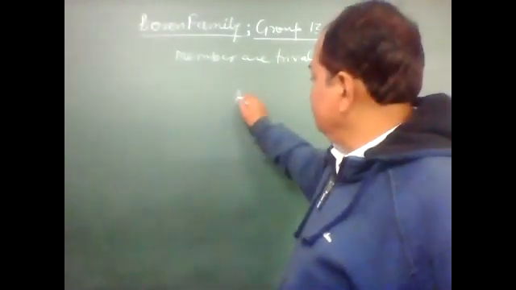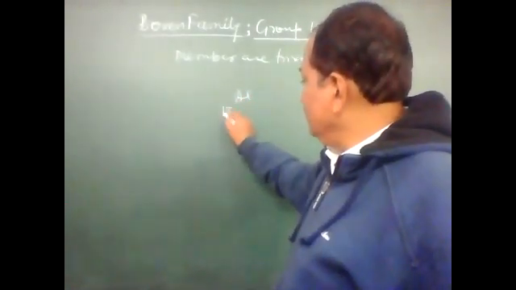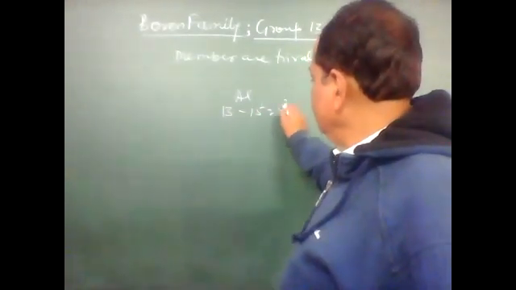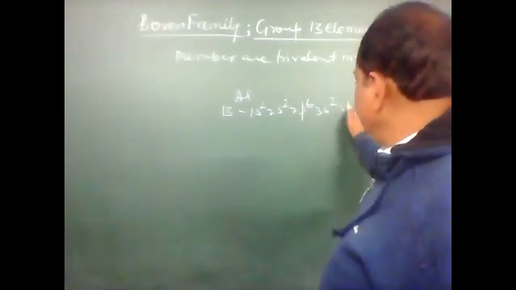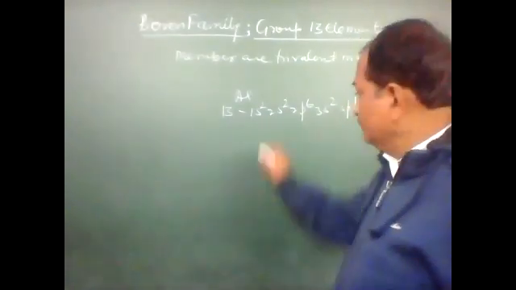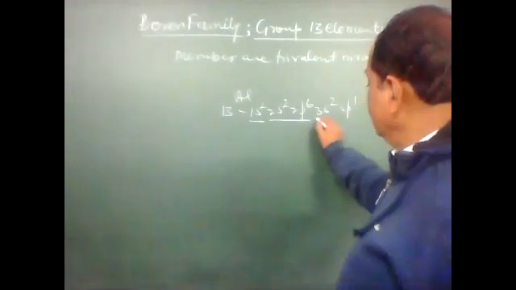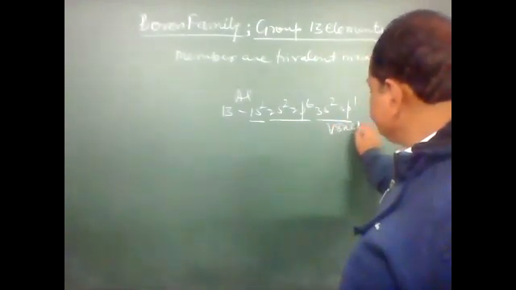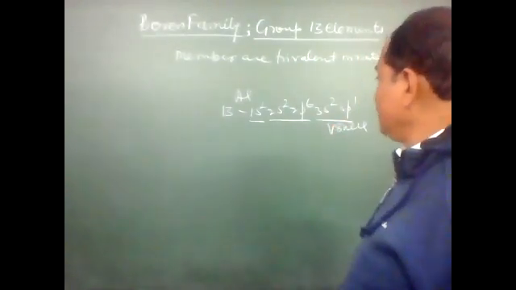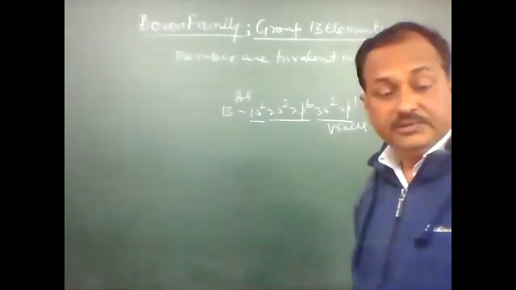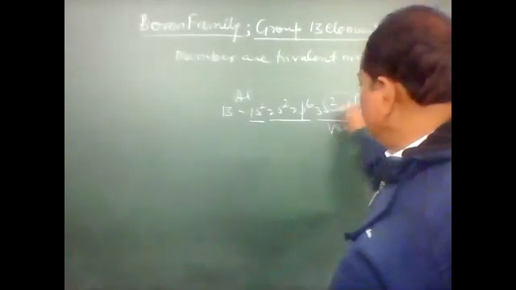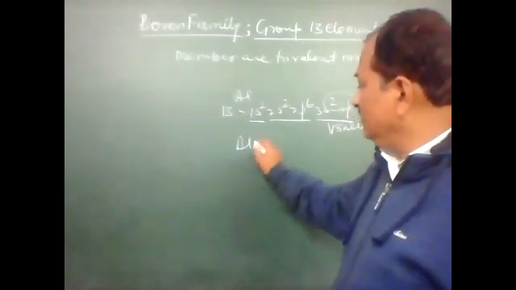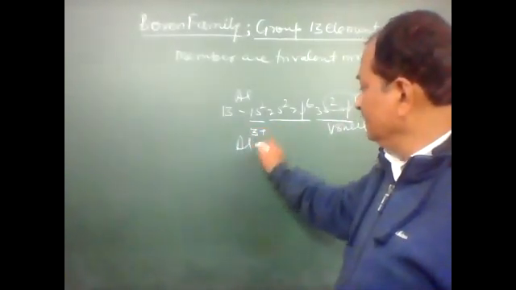Take aluminium, 13: 1s2, 2s2, 2p6, 3s2 and 3p1. Again I have written it. This is the valence shell. It will lose 3 electrons and form aluminium 3 plus.